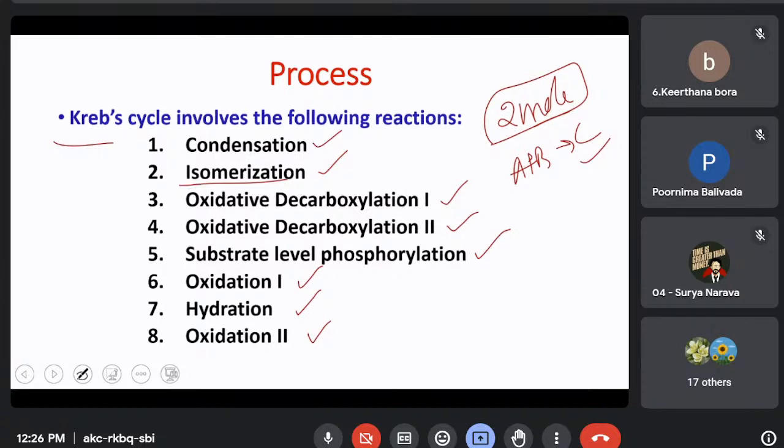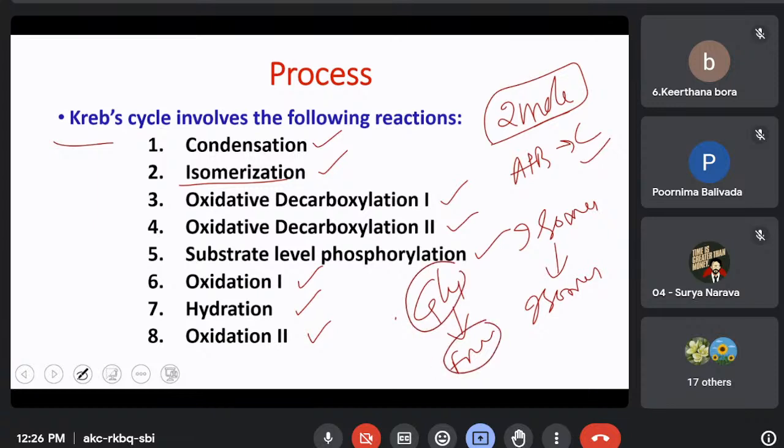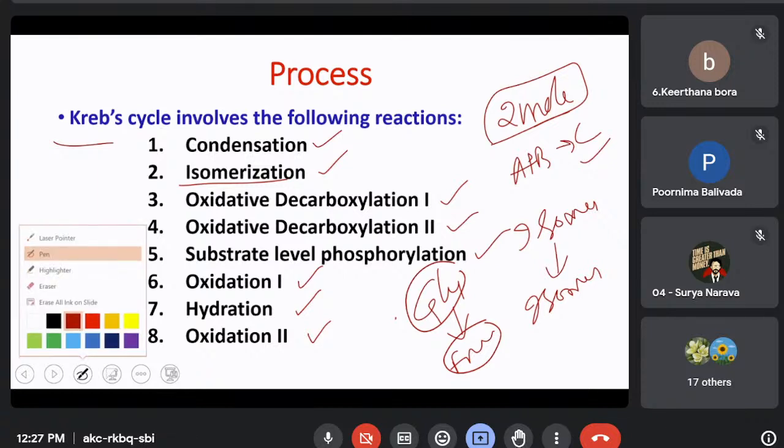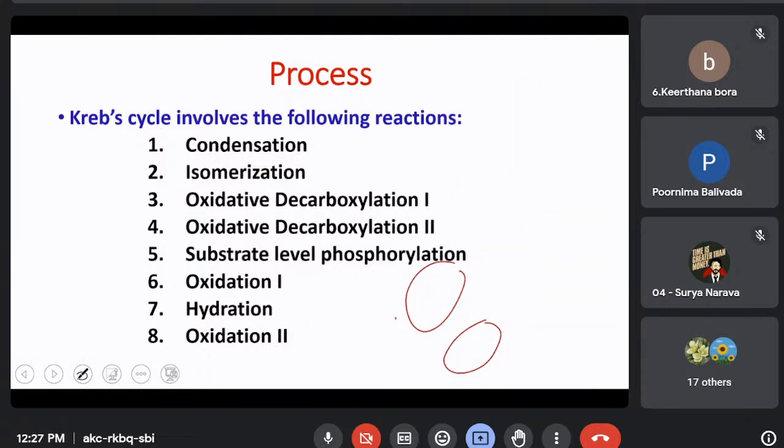Isomerization. What happens here? One isomer is converted into another isomer. For example, glucose, we know the isomer of glucose is fructose. It is aldose and the other one is ketose. So this conversion of glucose to fructose is called isomerization. Likewise, here also there is an isomerization process involved.